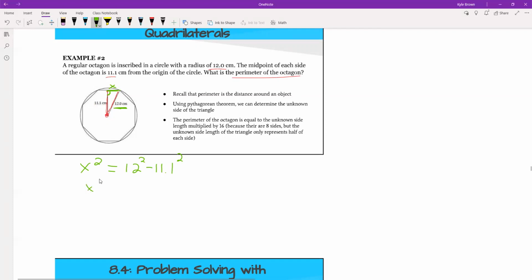So x squared is equal to 20.79. Don't forget to square root both sides.